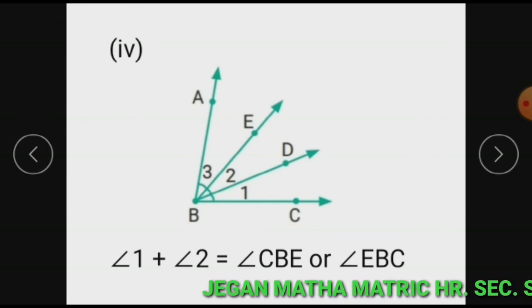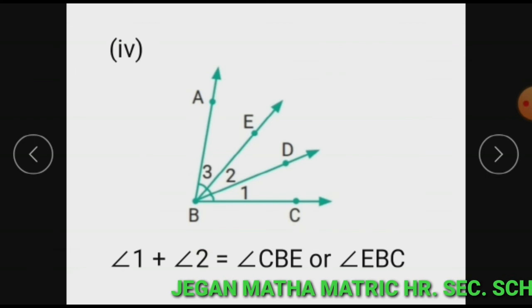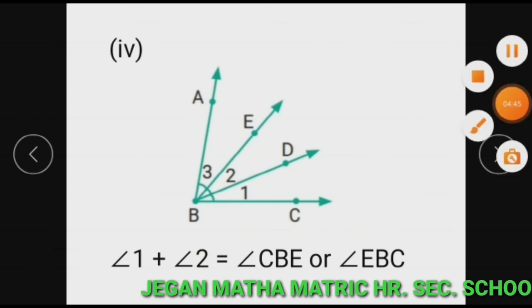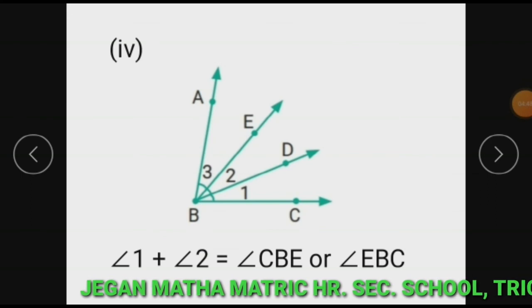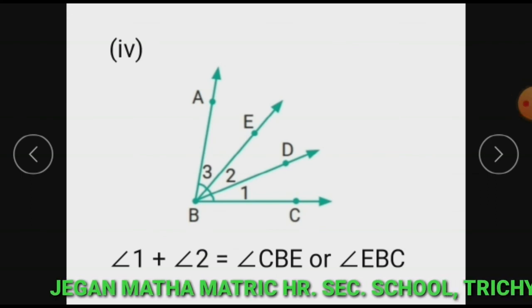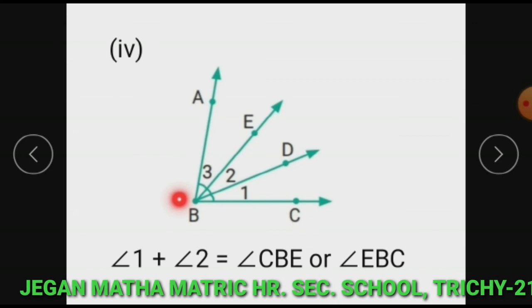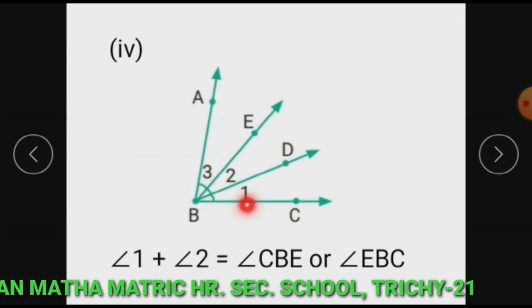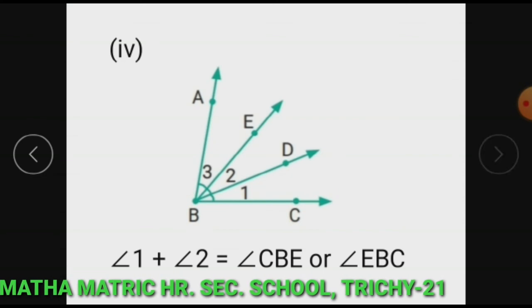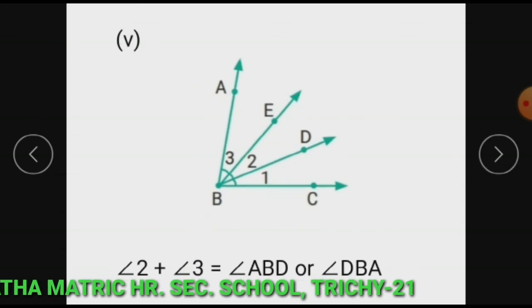Angle 1 plus angle 2 is equal to angle CBE or angle EBC. Subdivision 5.